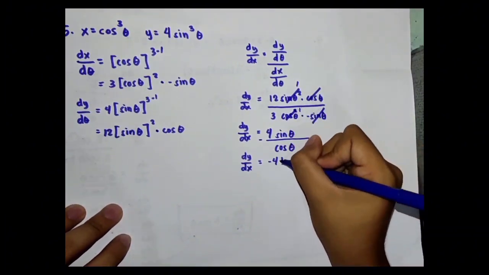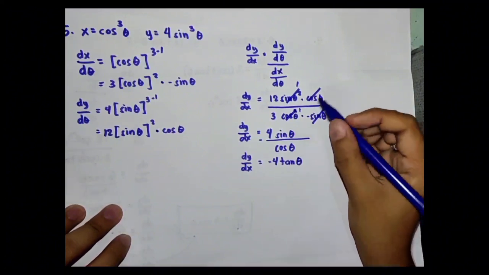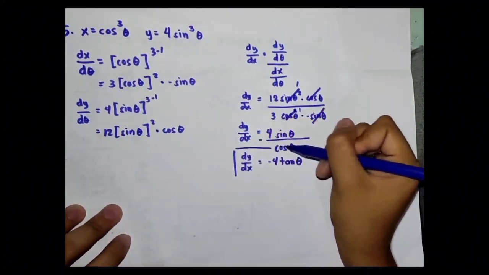And then simplify, we get the final answer, negative 4 tan theta.